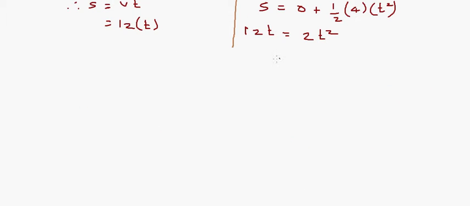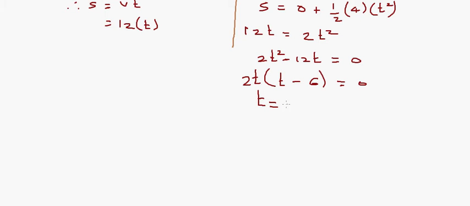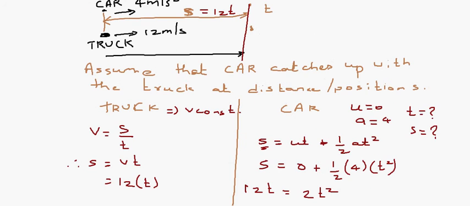So let's just move this thing to this side. 2t squared minus 12t is just going to be 0. Taking t common, we can also take 2 common, so 2t times (t minus 6) is equal to 0. Now t is equal to 0 or t is equal to 6. What does this mean physically?